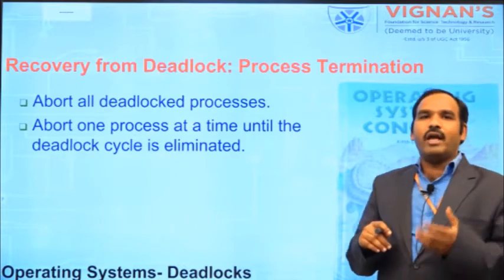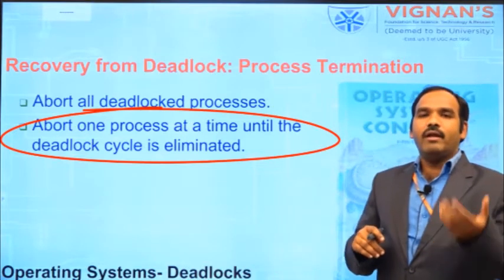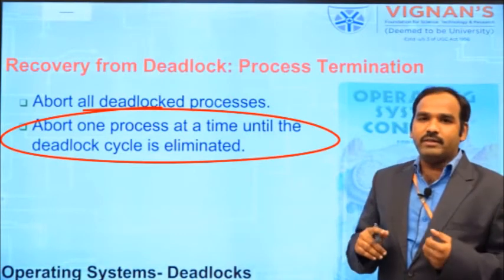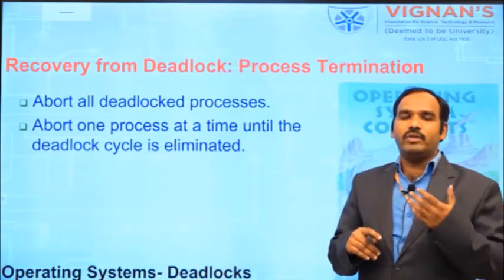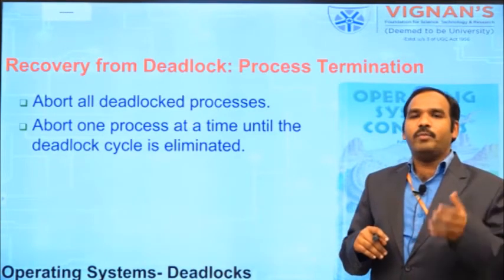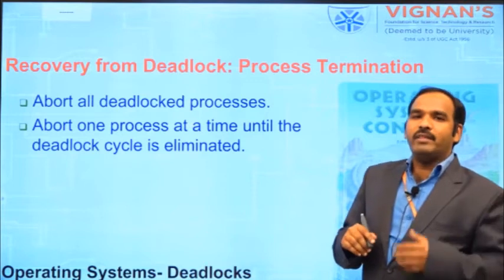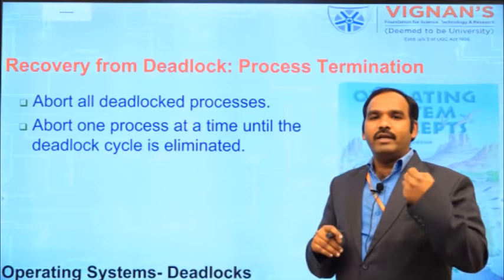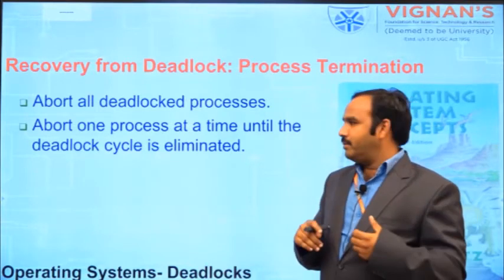The second way is to abort one process at a time. Once a process is aborted, it returns its resources to the operating system, then the operating system reclaims all returned resources and allocates them to the processes, which then continue their execution.